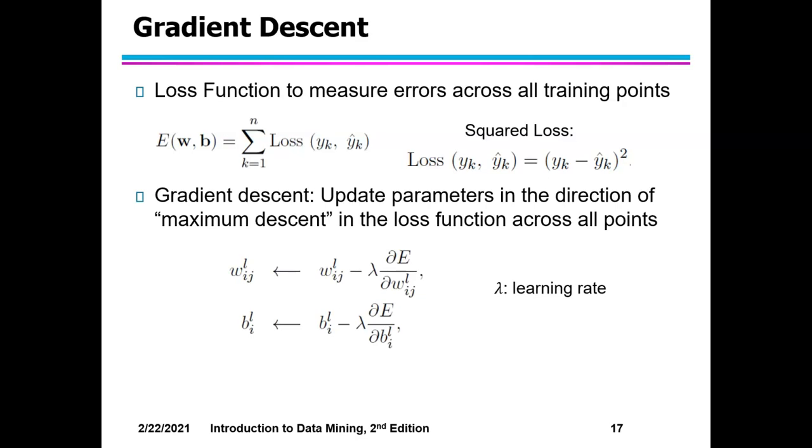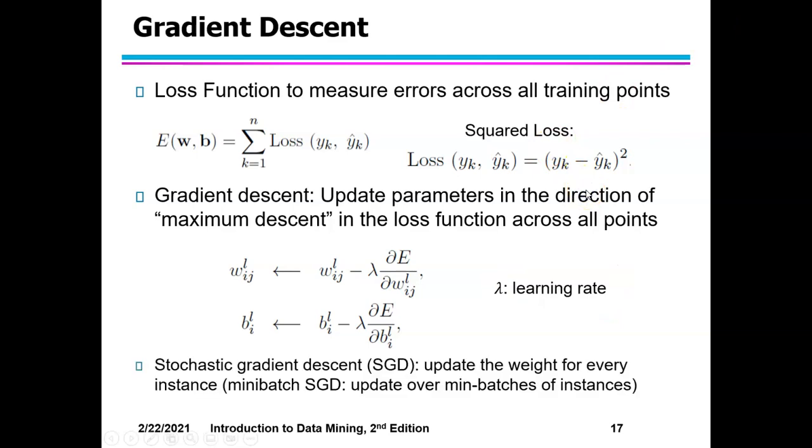As I told you before, this is called lambda, and you should keep in mind that lambda is the learning rate, right? Now we switch to the next slide and see what the other important factors are.